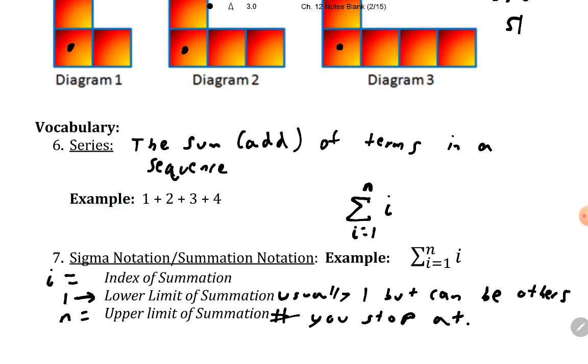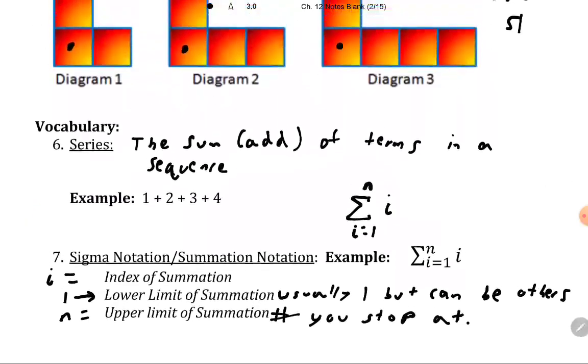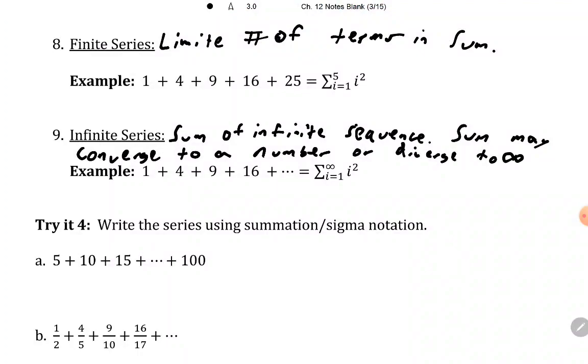Well, let's just use a different example. So here we go. Here's a better example. So if I plug in 1, I get 1. If I plug in 2, I get 4. If I plug in 3, I get 9. 4, 16.